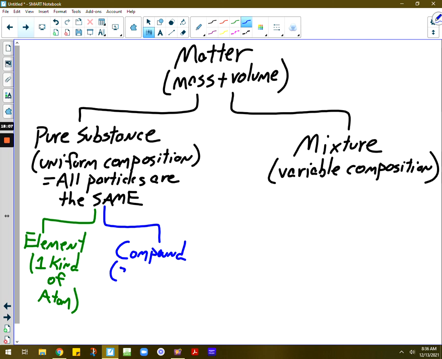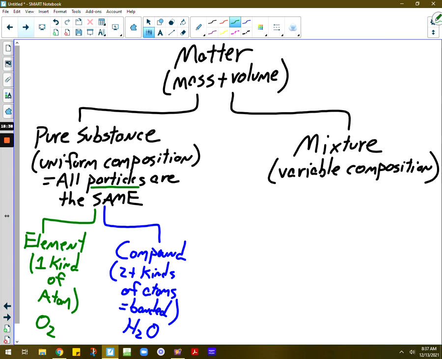So something like H2O is a compound. Something like O2 is an element. You see 1 kind of atom here; there we've got 2 kinds of atoms, but they're always joined together in these little water molecules, and so even though the particle here is a molecule, the particles are always going to be the same.